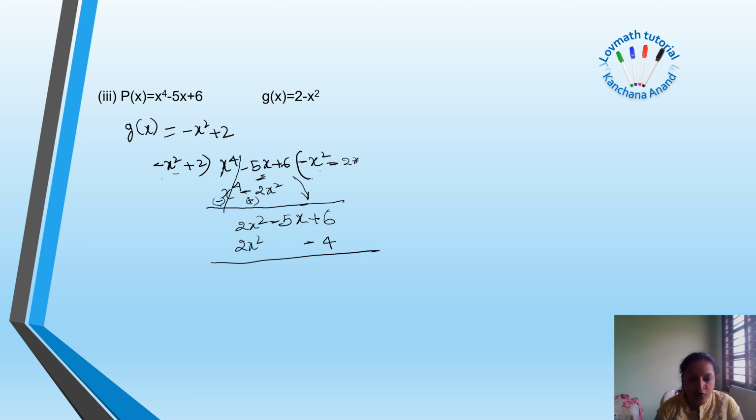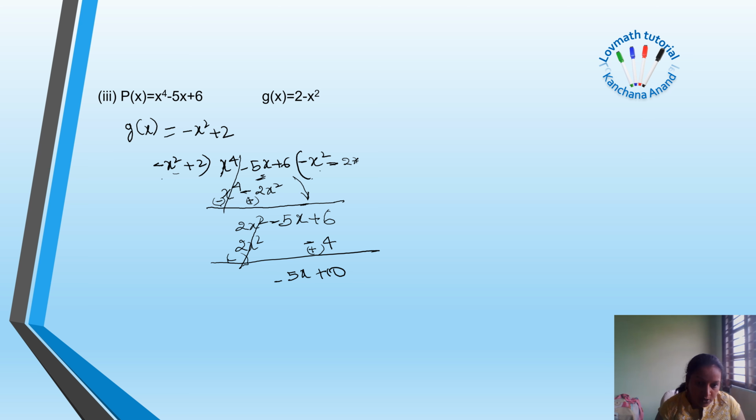Here plus 2x square becomes minus 2x square and here no changes and here minus 4 becomes plus 4. Therefore, plus 2x square and minus 2x square get cancelled. So the remainder is minus 5x and plus 6 plus 4 is plus 10.